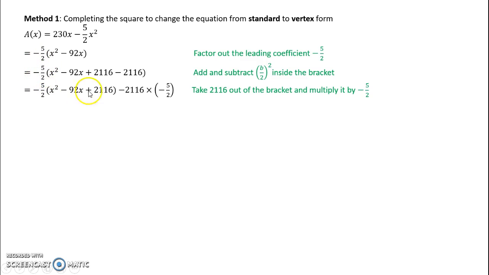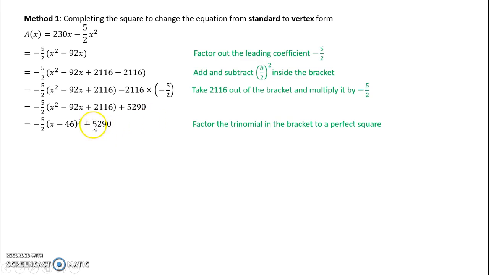in front. Okay, and so what we're going to get is this part, and then plus 5,290. Okay, and so now we're going to factor the trinomial that we have here in the bracket to create a perfect square.